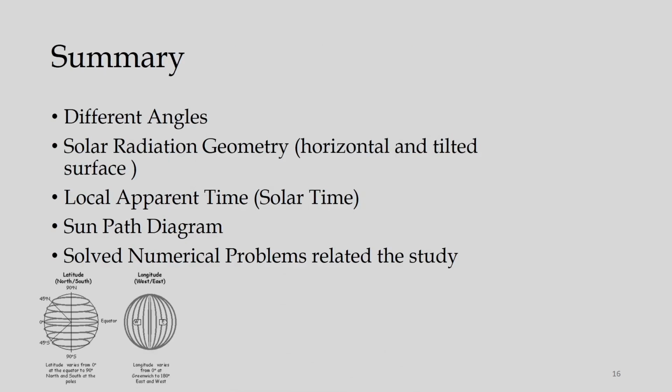Now, let us summarize what we have discussed in this lecture. Primarily we have discussed all the angles required for calculation of solar geometry, like what is declination, what is latitude, what is longitude, what is solar azimuth angle, what is altitude angle, what is surface azimuth angle, what is zenith angle, what is angle of incidence, what is slope.